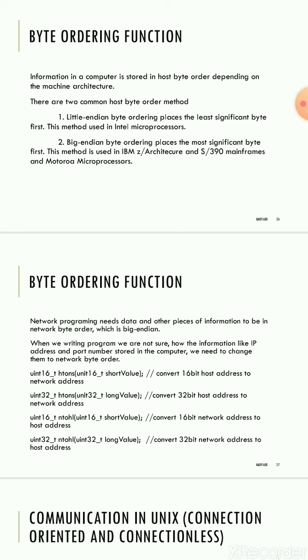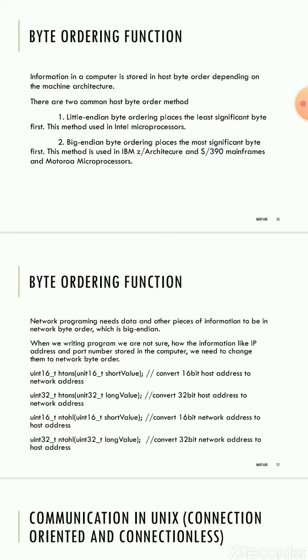When you use the little endian format, the least significant byte, that is LSB, is first, from left to right. In big endian, the most significant byte comes first, right to left.